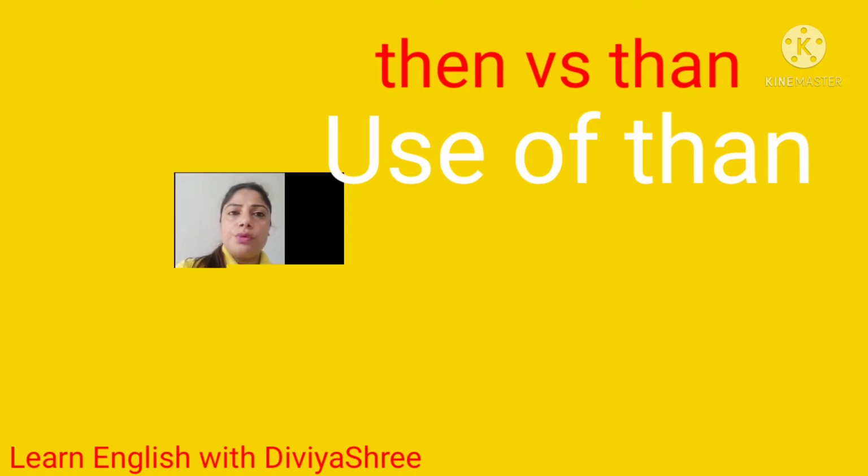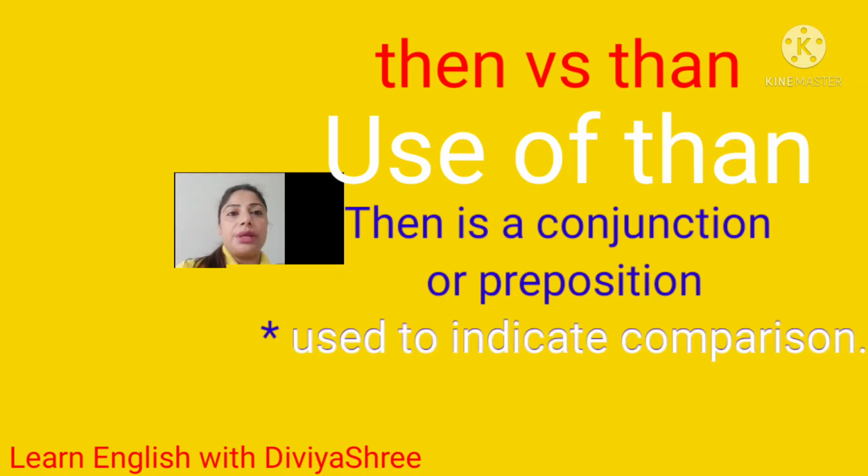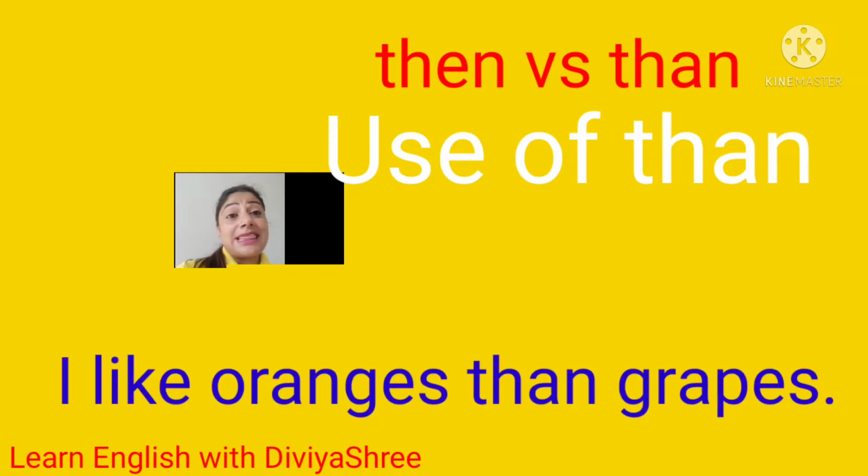We use it as a conjunction and also as a preposition, and the very important thing that tells us where we use THAN, and you need to remember it, is when you are doing comparisons. If I say, I like oranges more than grapes, are you getting this thing?